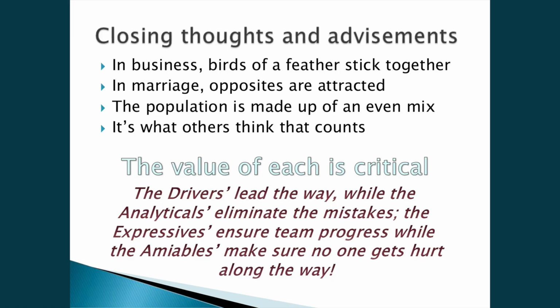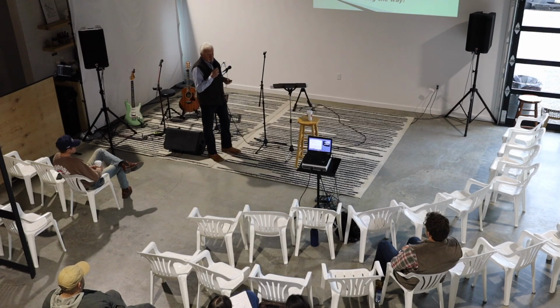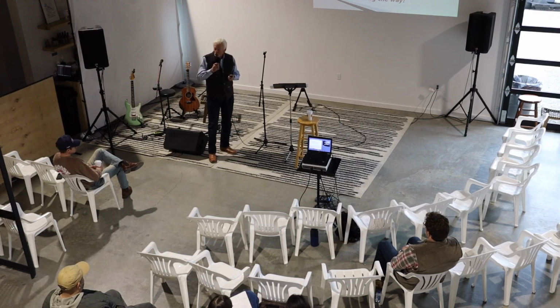What are the results? What are the numbers? Where do we need to amend our ways? The expressives are right there with the analyticals, making sure the team stays motivated to follow the leader. Motivated, moving, we're going to win together. And the amiables are the caboose of the train, but the most important car. They make sure no one falls off. They make sure no one gets hurt along the way.